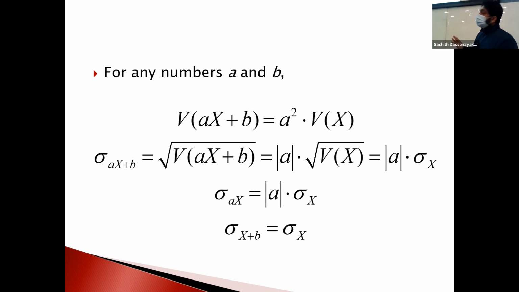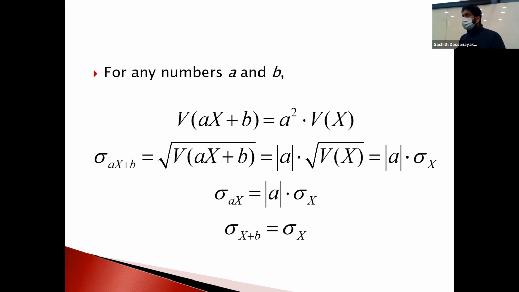So, second one, check the second line. Square root of variance of ax plus b is equal to absolute value of a times sigma x. Same thing, because variance of a constant is 0, sigma ax is the same answer.